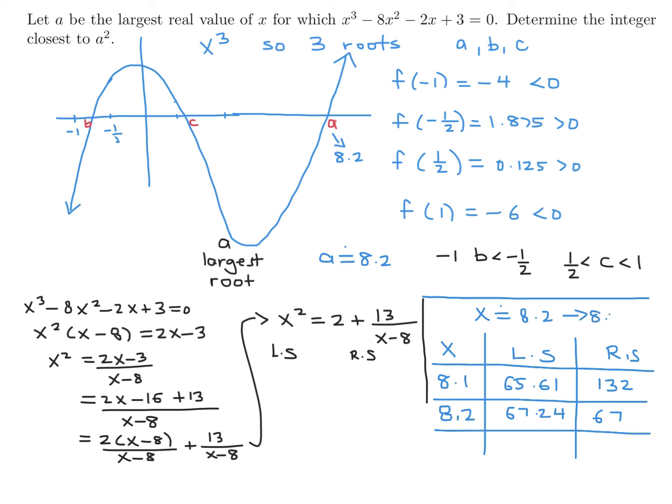And 8.2 squared is approximately, well, it's right here, 67.24. And they want the closest integer, well, the closest integer to that would, of course, be 67. Closest integer to 67.24. So 67 is the answer to this question.